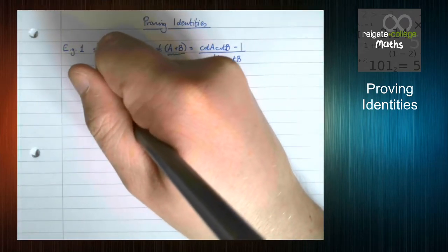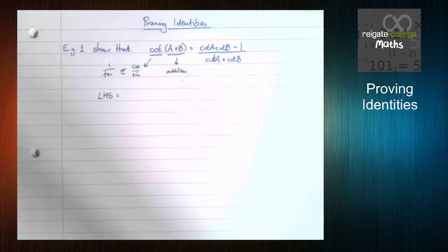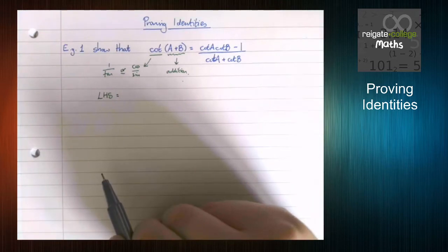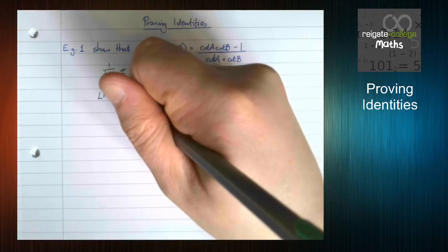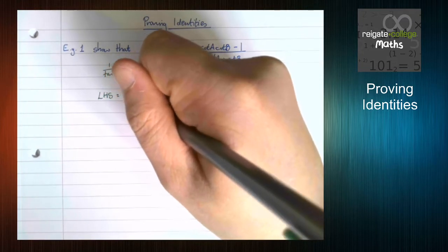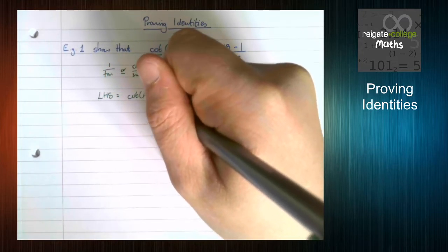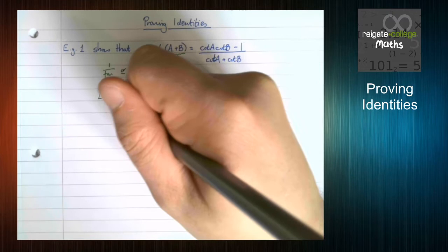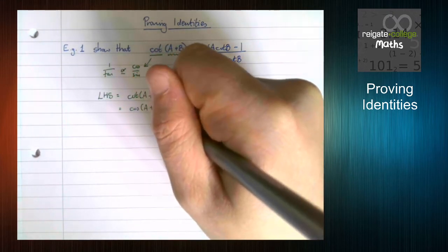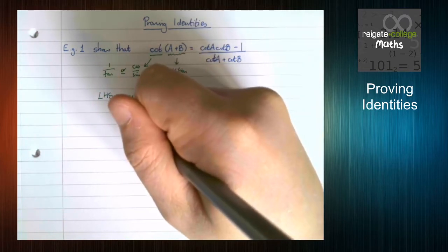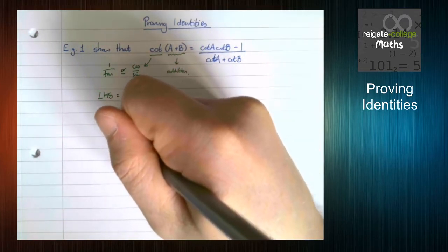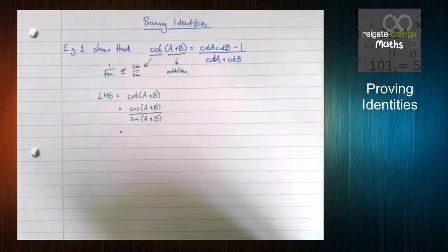So because we are proving an identity, we start with the left-hand side, or the right-hand side, but in this case, the side we can do more things to, or the side we know a formula for. So this is cos over sine. Now we know the addition formula for cos.